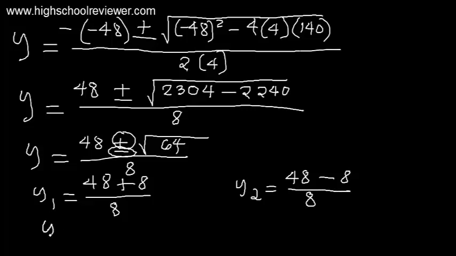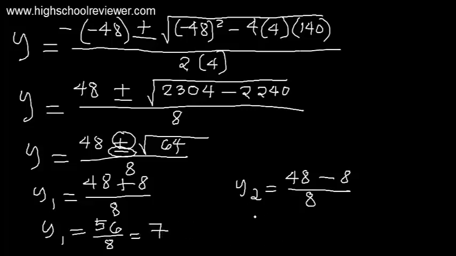So our y sub 1 here will be 48 plus 8, that will be 56. So 56 divided by 8, this will give us positive 7.